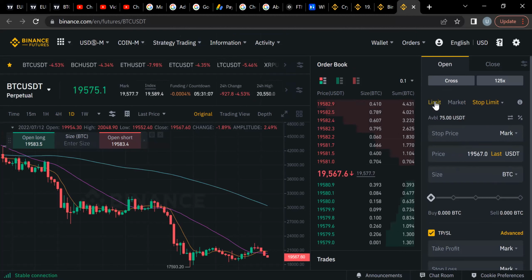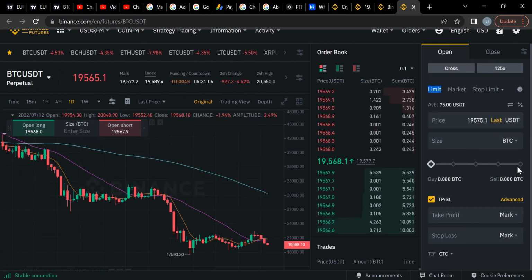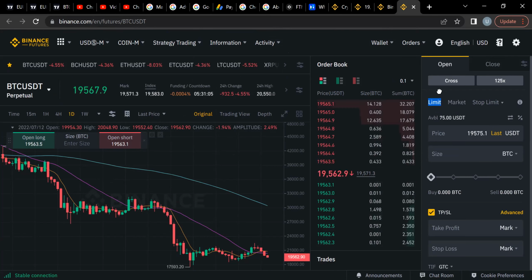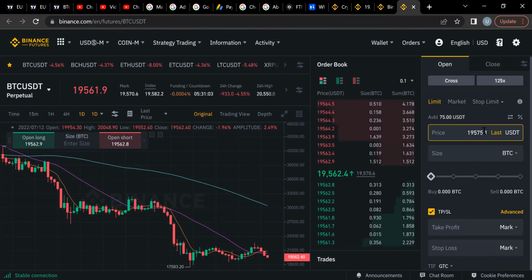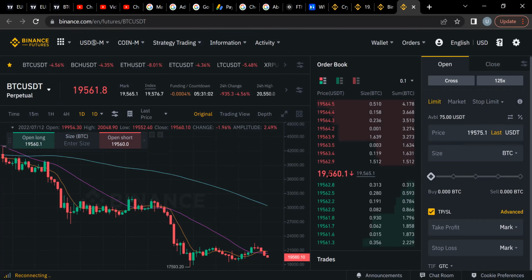If you want to use limit, all you have to do is put the price that you want to buy. If you are doing limit long, that means you want to long from a price lower than the current price.